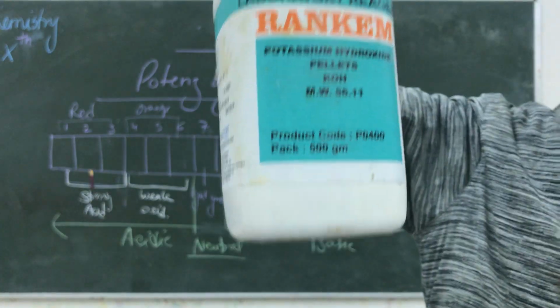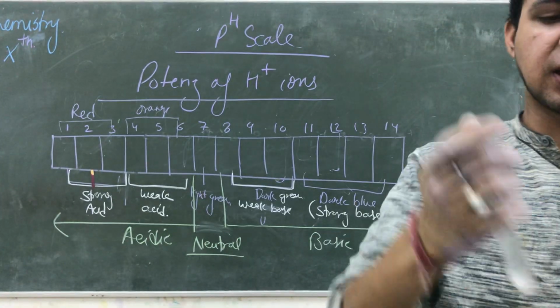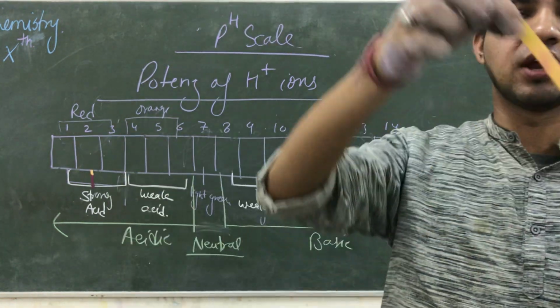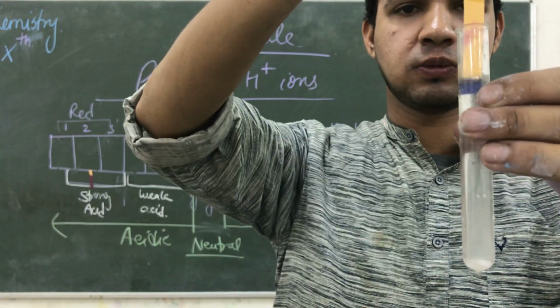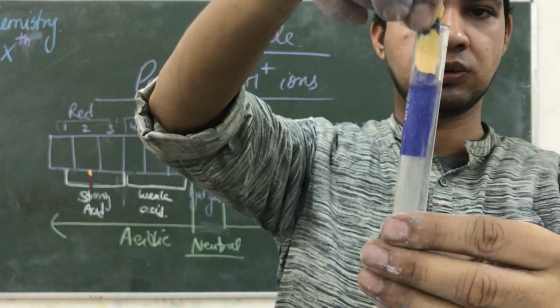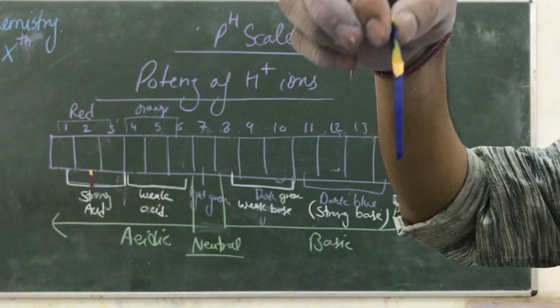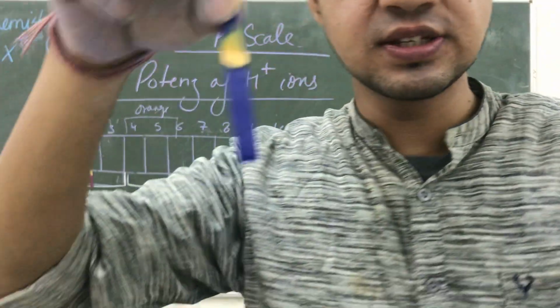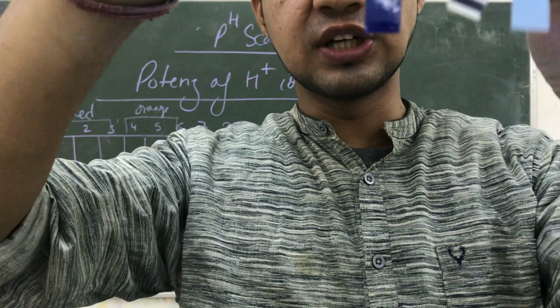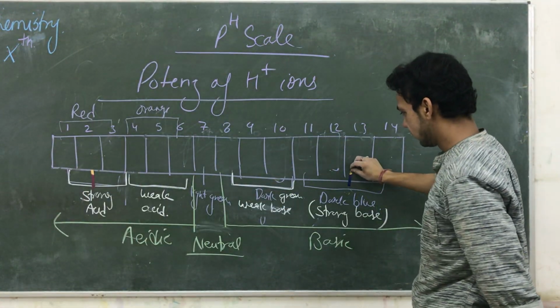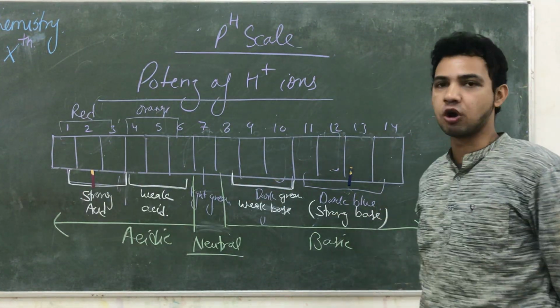Potassium hydroxide has OH, so it is basic in nature, and we have dissolved some pellets of potassium hydroxide inside this solution, and we are going to dip the paper here. And we have dipped already. See, its color is dark blue. Dark blue lies at the bottom of the scale, so it means it is a strong base.